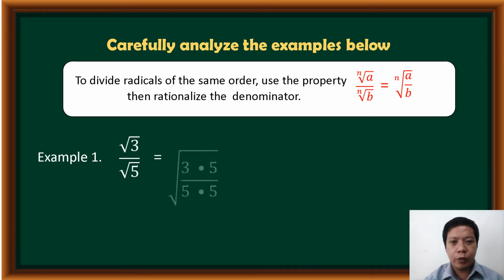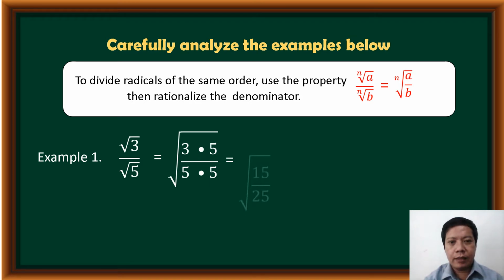This will be equal to square root of 3 times 5 over 5 times 5. Then it is equal to the square root of 15 over 25. We're doing this because when you multiply 3 and 5, our product is 15, and also multiplying 5 by 5, the product is 25.